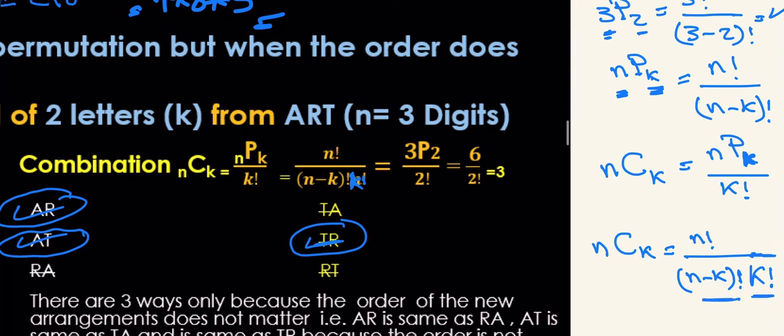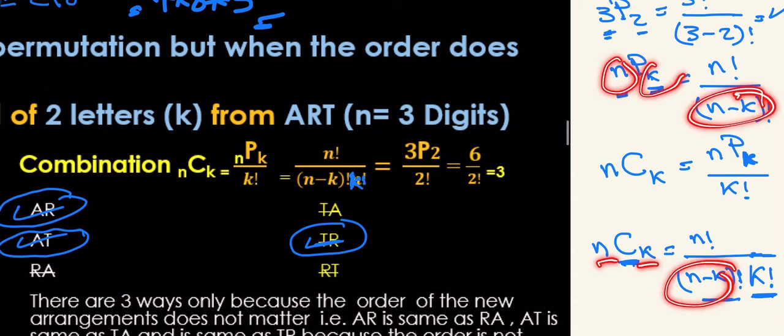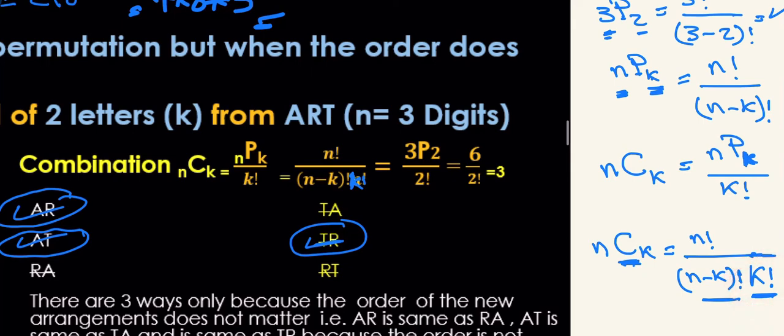This is the only difference: in the case of combination, you're adding the k factorial. In the permutation, we just have n minus k. But here we have n minus k and we have k, the number of objects to be selected, added here. So it is as simple as that.